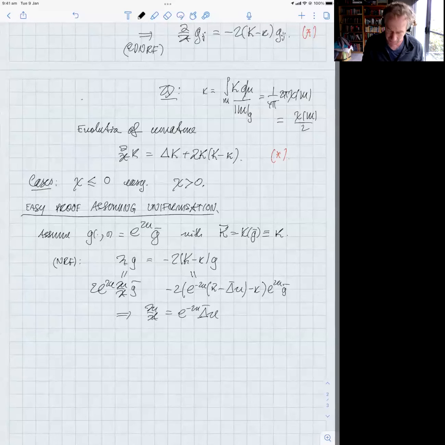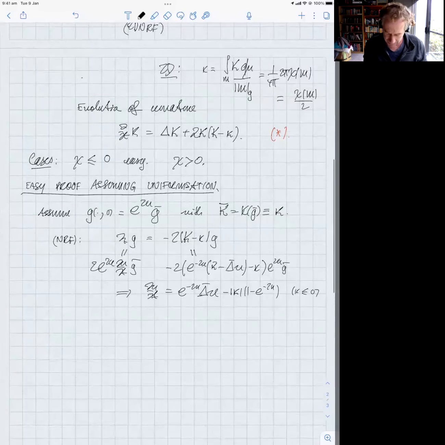And then, let me write it this way, I'm going to assume kappa is less than or equal to 0, and then I'll get a minus absolute value of kappa times (1 minus e^{-2u}). So what can we do with that? Let me look first at the case kappa equals 0.